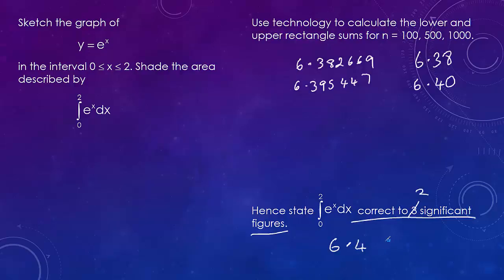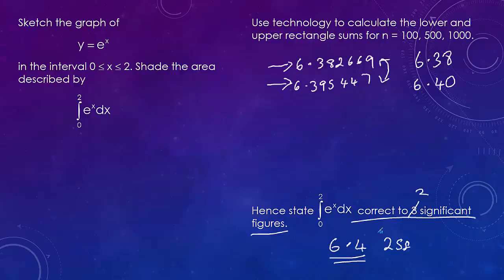So 6.4 correct to two significant figures, so 6.4 square units. So we couldn't actually do that with the information given. You could, of course, average these two to give a better estimate, but we don't know whereabouts that better estimate is, so you still couldn't give it to three significant figures because it might be closer to this one, it might be closer to this one. We're not exactly sure. So the best we can do here is two significant figures.